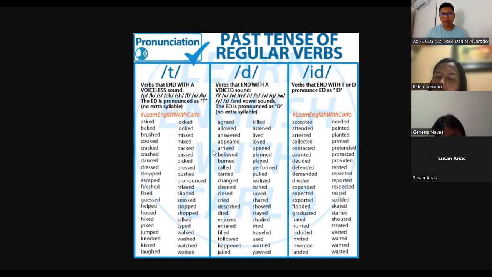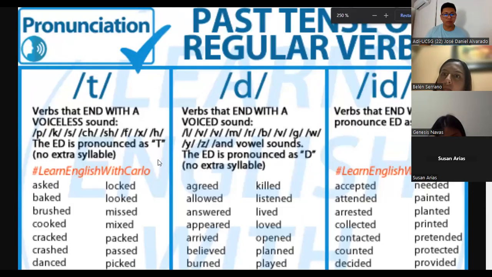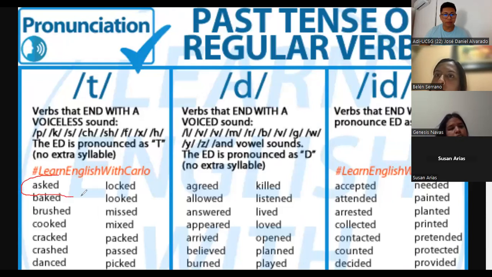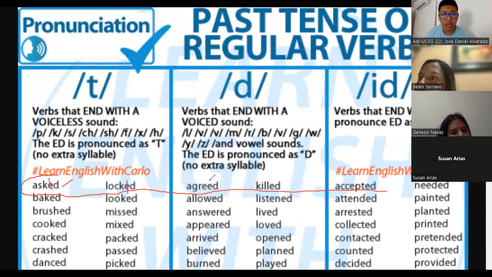Okay, so in here we have some verbs. Y vamos a leer la primera, the first row, esta de aquí, para que puedan escuchar la diferencia. Okay, now, este verbo, por ejemplo, lo pronunciamos asked. Okay, no pronuncio la e. I say locked, agreed. No pronuncio aquí. Killed, accepted, needed.